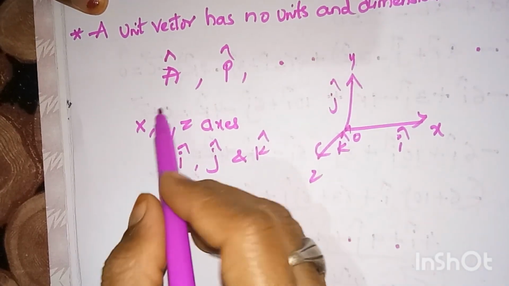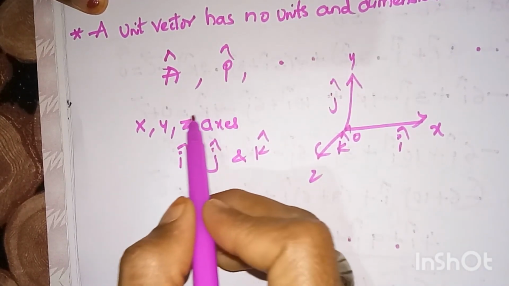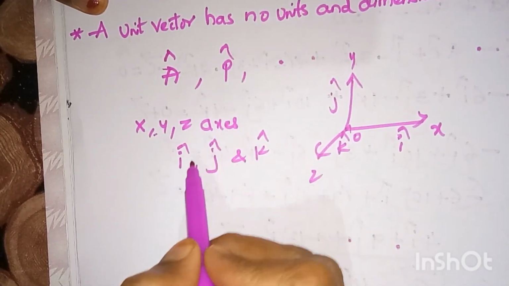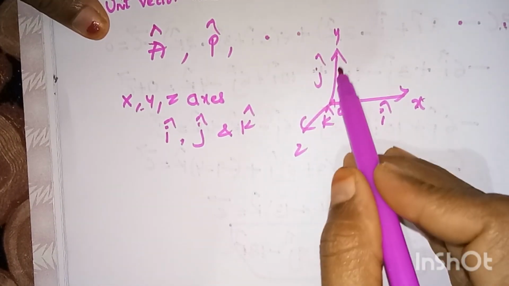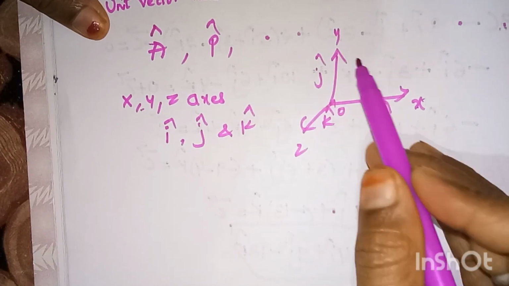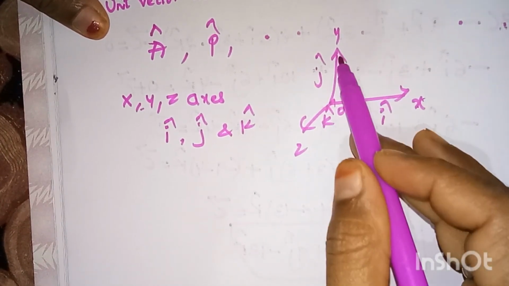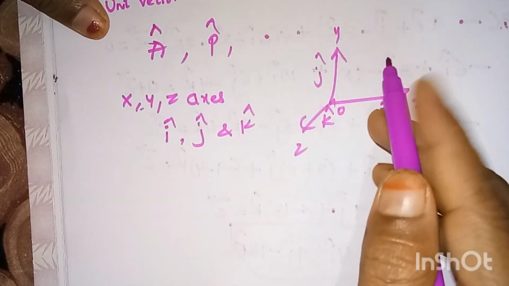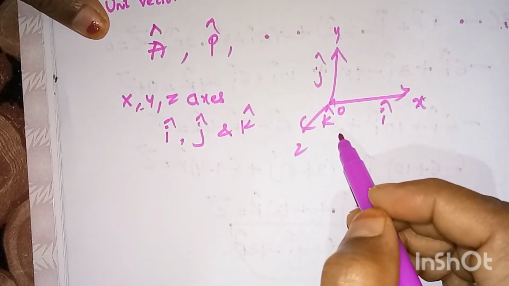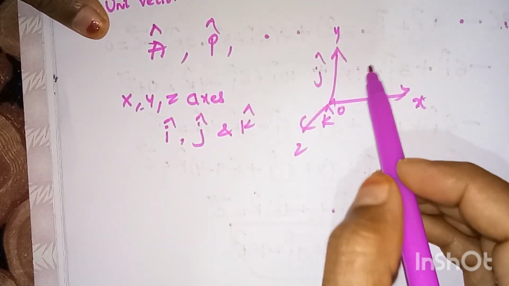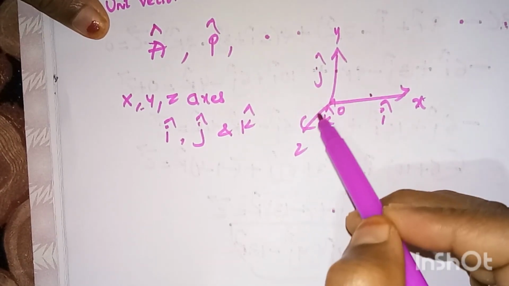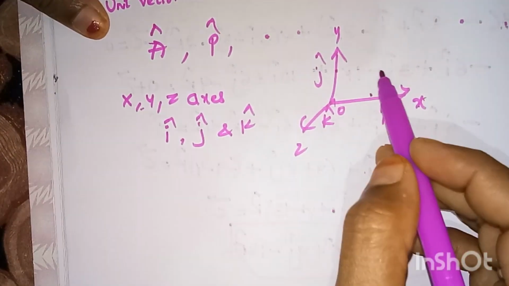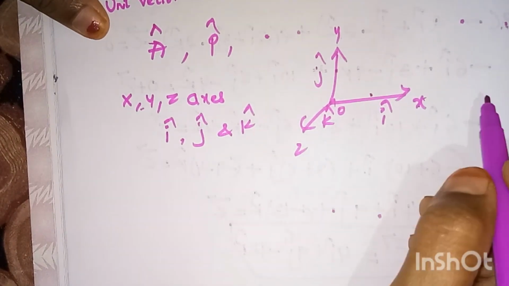Every axis is mutually perpendicular to the others. If you consider the x axis, it will be perpendicular to the y and z axes. So the x, y, z axes are mutually perpendicular to each other.